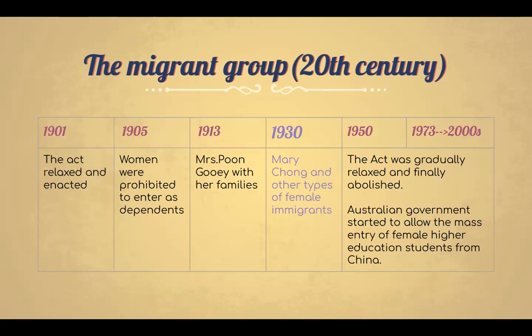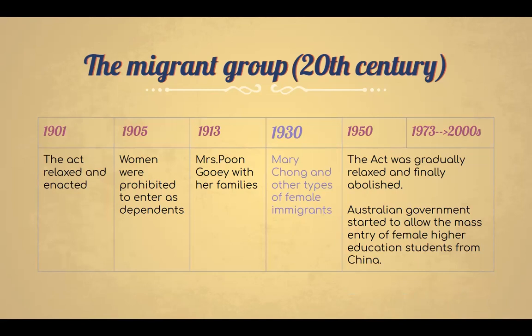However, there are certain complexities within the Chinese women community in Australia. In addition to Chinese women like Mrs. Pun Gui, there are also mixed race Chinese or second generation immigrants. These female immigrants were in a very different position at a time of restrictive immigration laws.